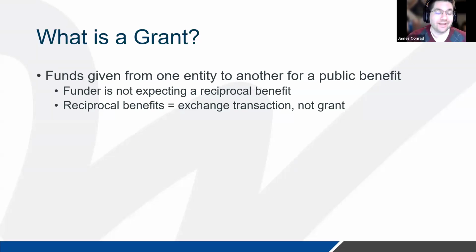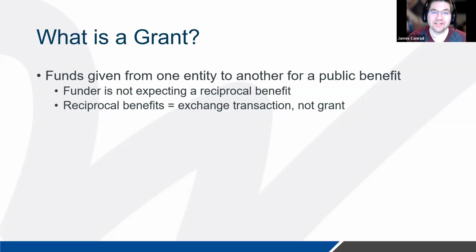So classic example, money is given to a nonprofit organization, for example, the Red Cross. When you give money to the Red Cross for their disaster recovery, like the wildfires in California recently, you're giving for a public benefit.